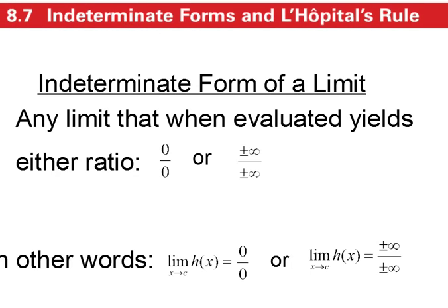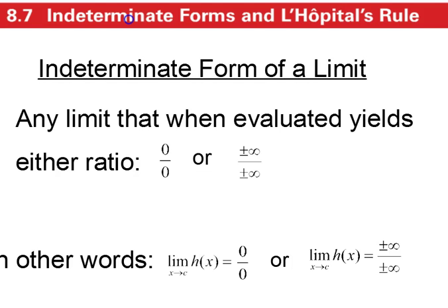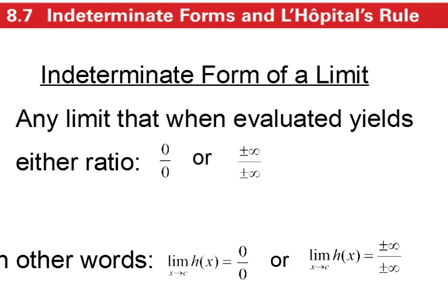Today I'm going to be talking about the indeterminate form of a limit and something called L'Hopital's rule. All right? First of all, let's discuss what an indeterminate form of a limit is. The indeterminate form of a limit is any limit that when you evaluate it gives you the answer of 0 over 0 or any type of infinity over any type of infinity.